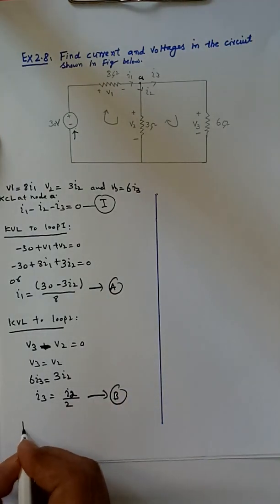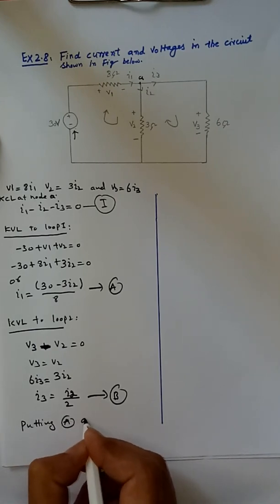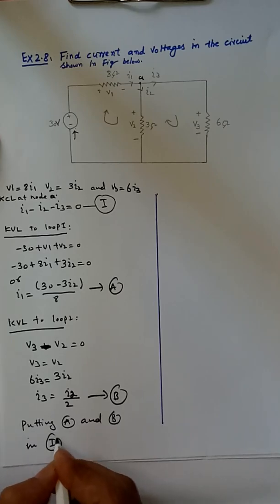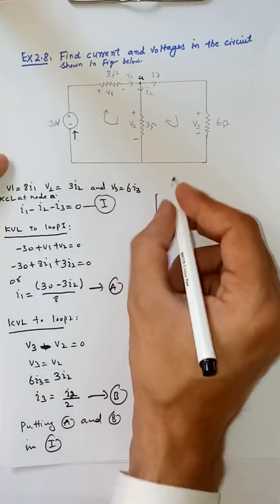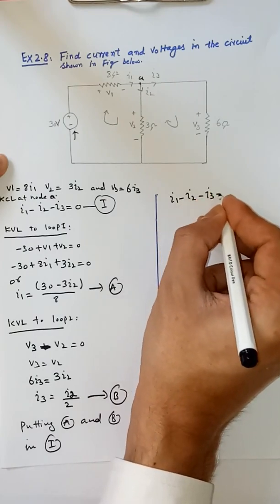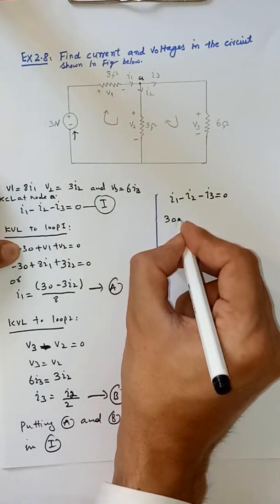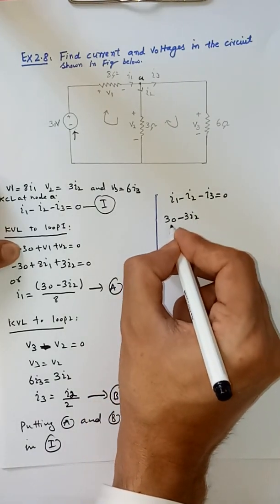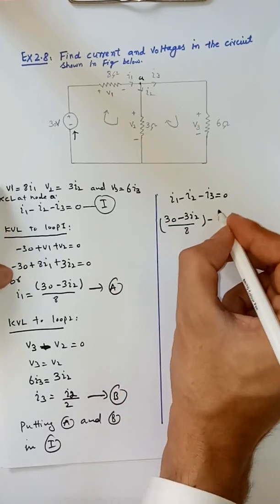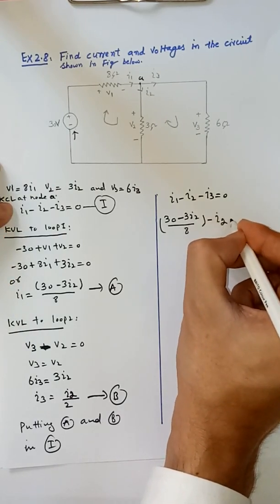Now putting equations A and B, as we know, I1 minus I2 minus I3 equals 0. I1 is (30 minus 3 I2) divided by 8, minus I2, minus I2 divided by 2, equals 0. We need to find I2.